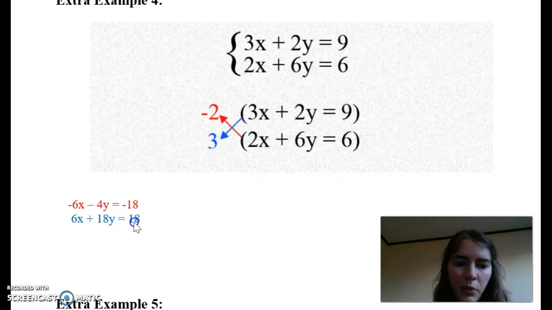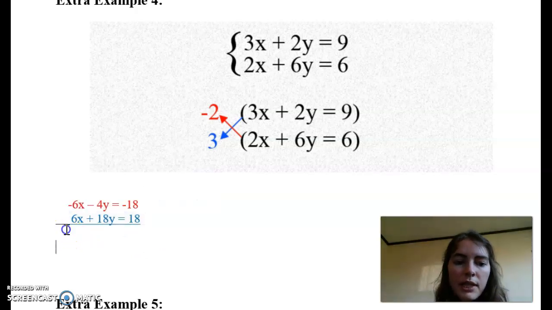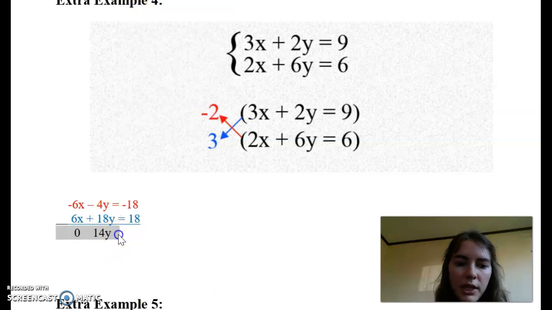Okay. We are going to now put those together. So we're going to add them. And as we can see, this first part completely goes away. It goes to 0. Then we have 18, take away 4, which is 14y. And then this equals negative 18 plus 18 equals 0.